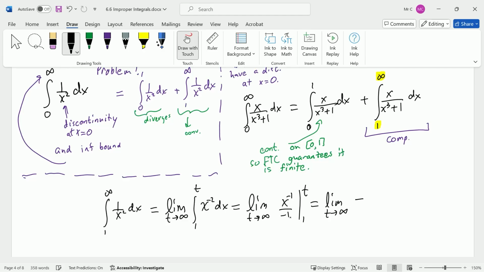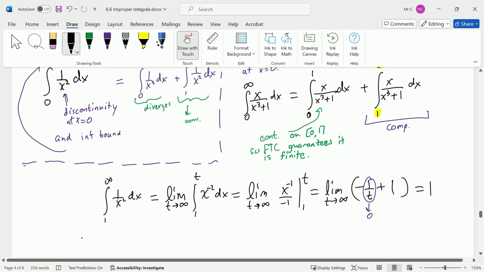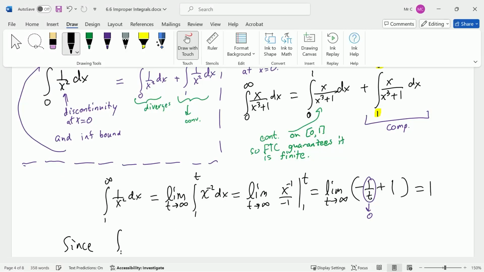So we've already got the negative in the denominator, so negative 1 over t minus a negative, which becomes positive 1 over 1. And the negative 1 over t, when t goes to infinity, this fraction goes to 0. So the whole thing is 1. And since 1 is finite, so since the integral from 1 to infinity of 1 over x squared dx converges, that implies the integral from 1 to infinity of x over x cubed plus 1 dx converges by comparison.